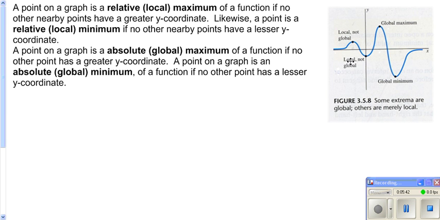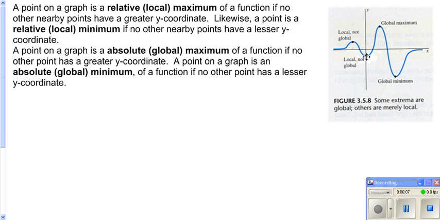Well, here we have maximums and minimums. Here we have a global or absolute maximum because it's the highest point of the entire graph. Here we have a global or absolute minimum because that's the lowest point of the entire graph. Here we have a local or relative max because it's the highest point in this area of the graph.